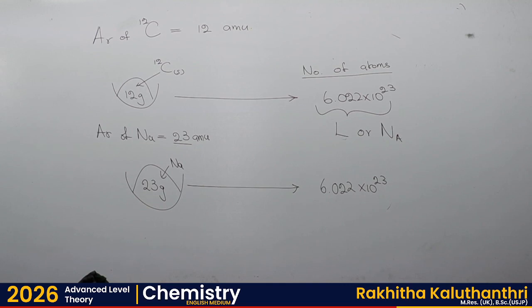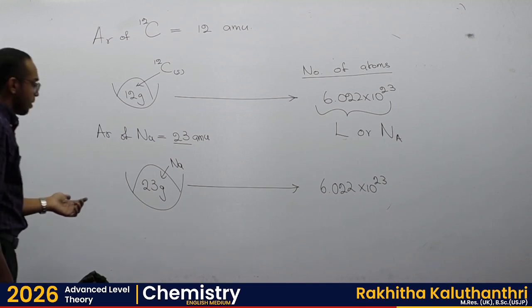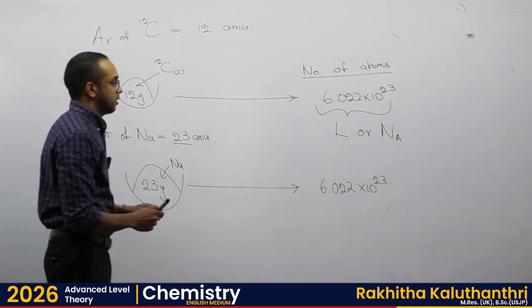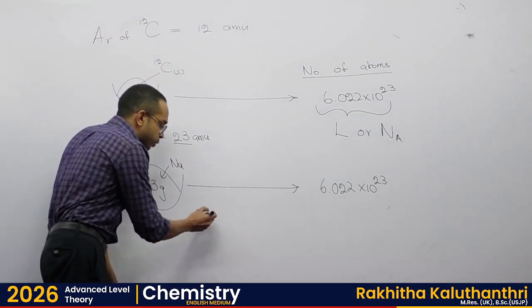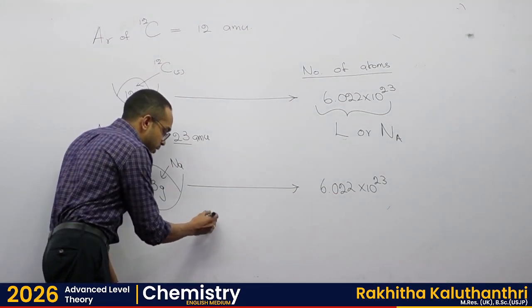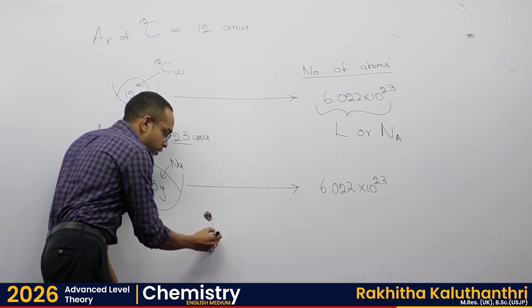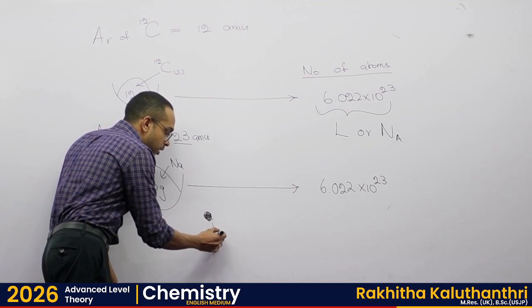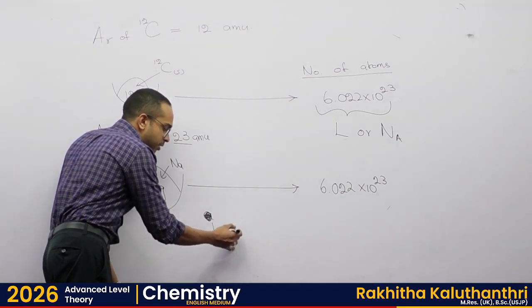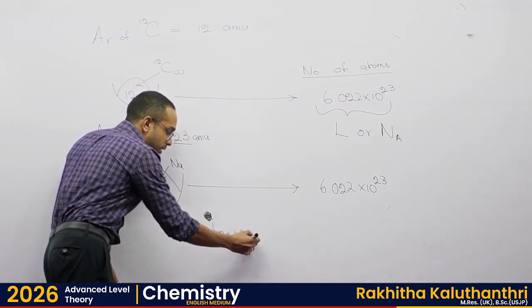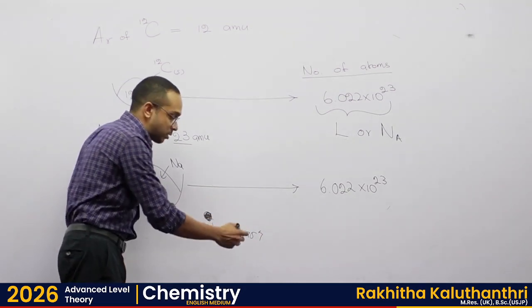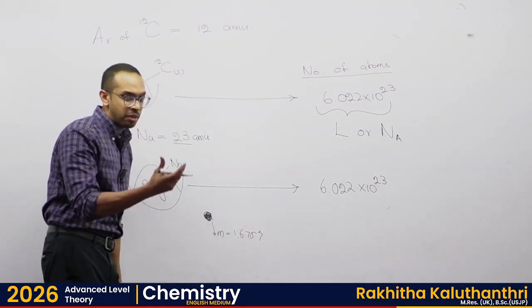Now while you take it down, you can listen. What is the significance now? Imagine this is one atom of sodium, right? Its mass would have been, let's say, something like 1.6757. I don't know the exact mass, I can find and tell you, but that is not relevant here.